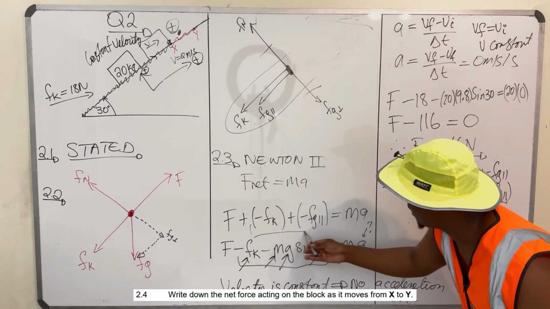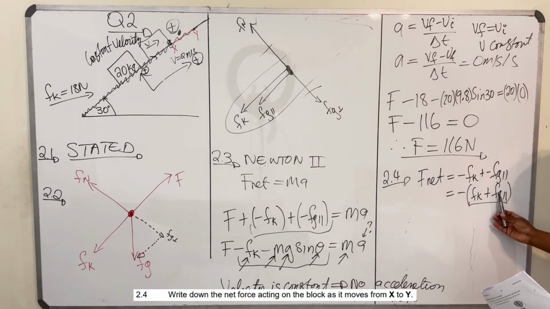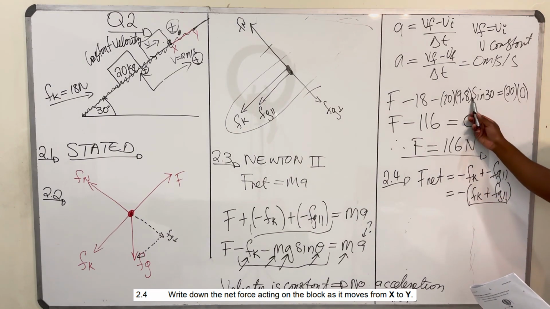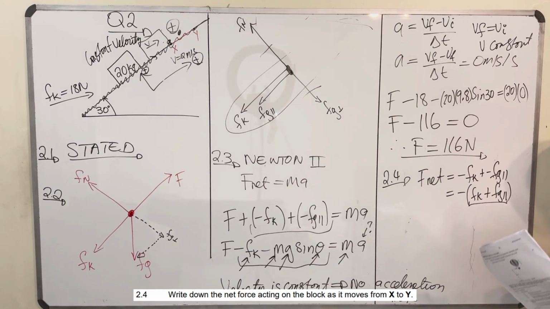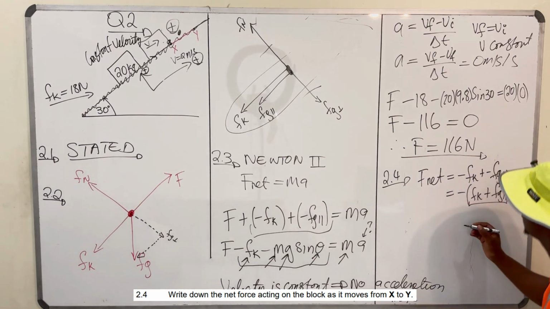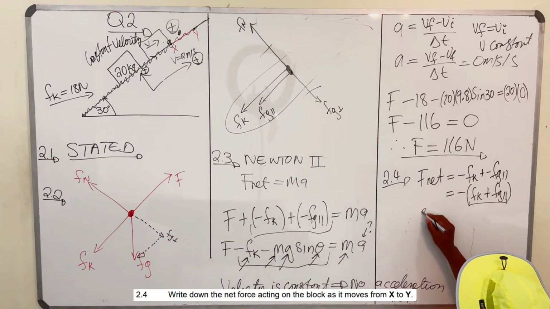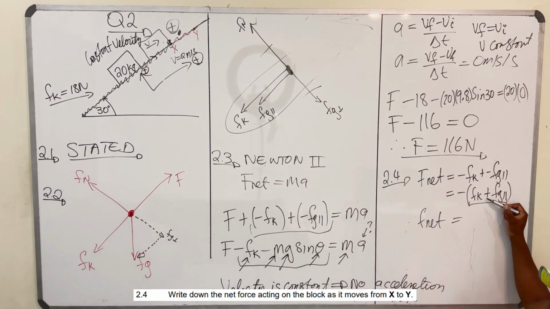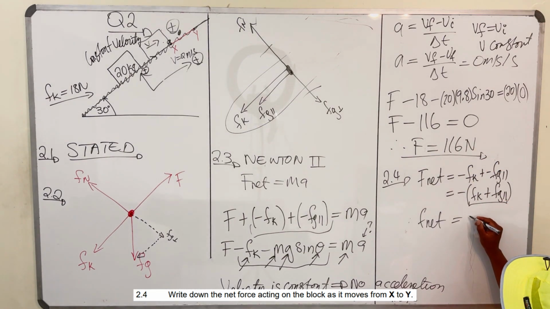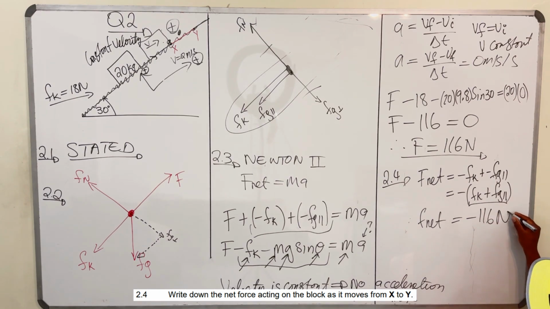These two are exactly the two things that you added here. It's exactly the same stuff. So it's easy to see that the F net should be equal to this one, but in the opposite direction. So it should be negative 116 newtons. That should be the net force.